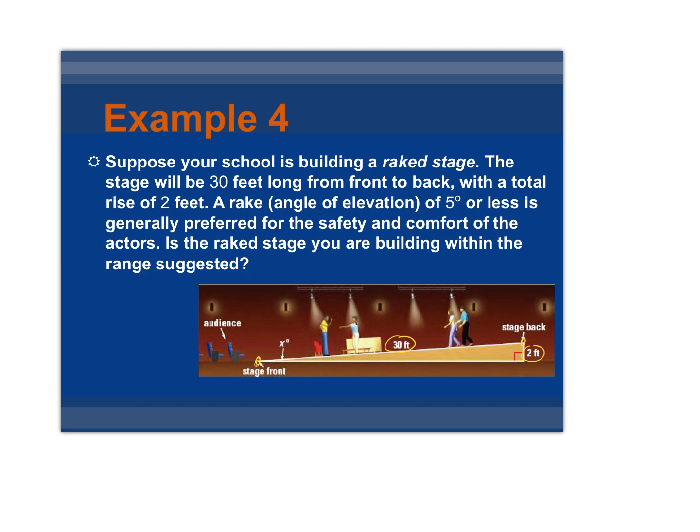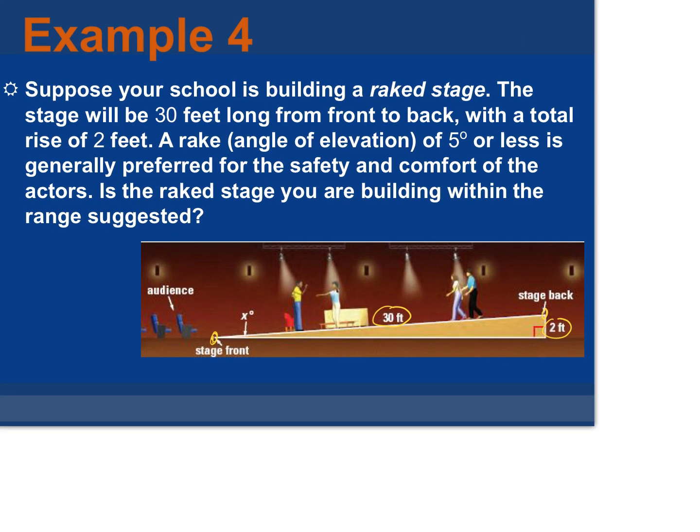A rake angle of elevation 5 degrees or less is generally preferred for the safety and comfort of the actors. Is the raked stage you're building within the range suggested? So basically we're trying to figure out, is x 5 degrees or less? Let's figure out what x is, and then we'll answer the question. If x is here, we've got the opposite side and the hypotenuse.